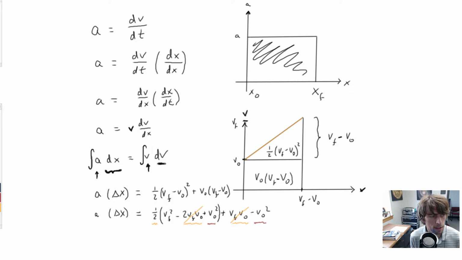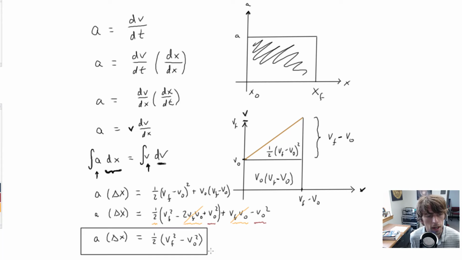At the end of the day, I end up with a delta x equals 1/2 (v final squared minus v naught squared), which is, of course, one of our kinematic equations. If you want, you can move the 1/2 to the other side. That's the other kinematic equation that we were looking for.